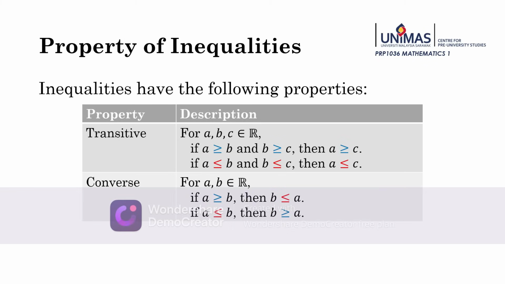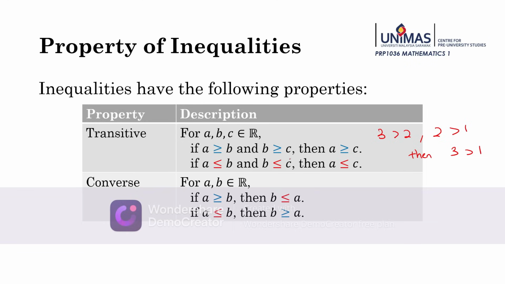So similar to equations and equality, we have properties for inequality as well. Transitive, this one is quite simple. A greater than B, B greater than C, then A greater than C. For example, 3 is greater than 2, 2 is greater than 1, then 3 is greater than 1.